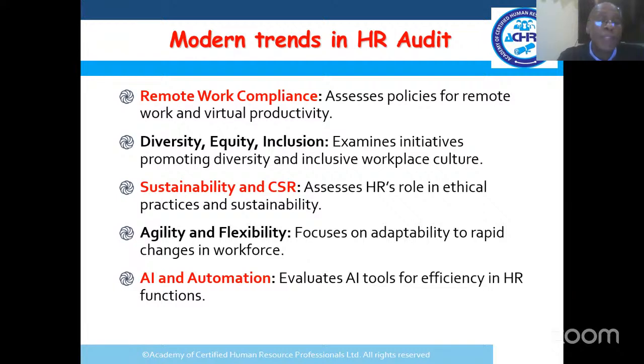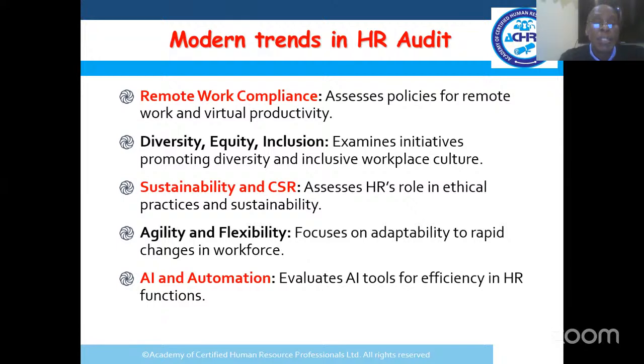Inclusion is that everybody has a right to participate in organizational activities, including working with the organization. So diversity, equity, and inclusion is another modern trend that we need to audit as HR managers, because through this, we are able to tap into the talents of people from diverse backgrounds.